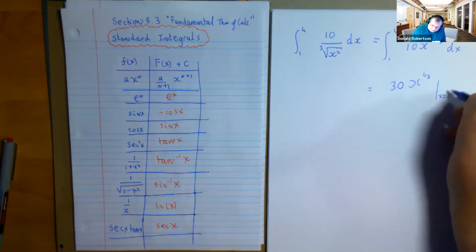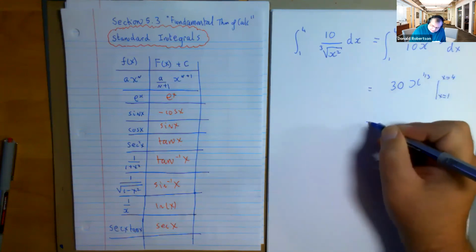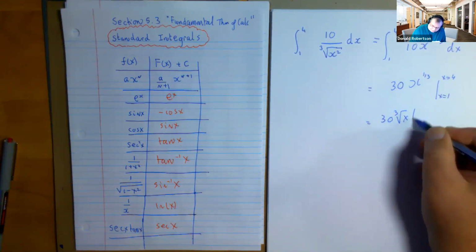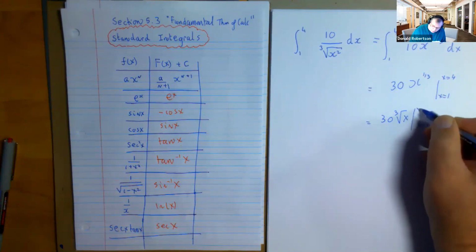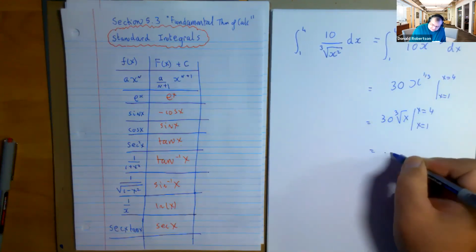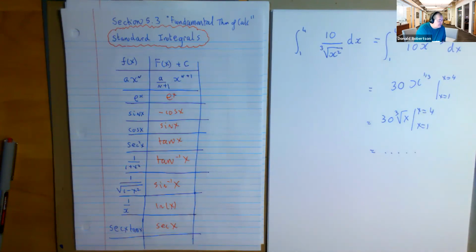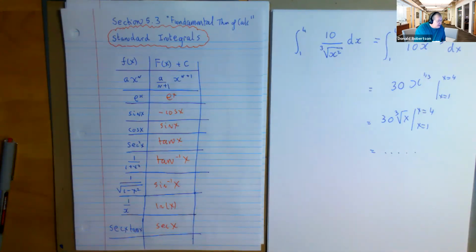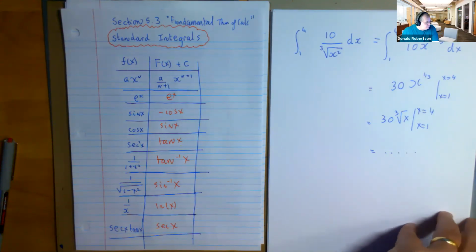And then you do x equals 1 to x equals 4. I guess I could take it one last step. But at this point, can't we just plug in some numbers and make it look pretty? And it's okay for your answer to be things like 30 cube root of 4, take away 30, or 20 cube root of 17, take away 40 cube root of 3 or something, right? Very often exact values are pretty ugly.